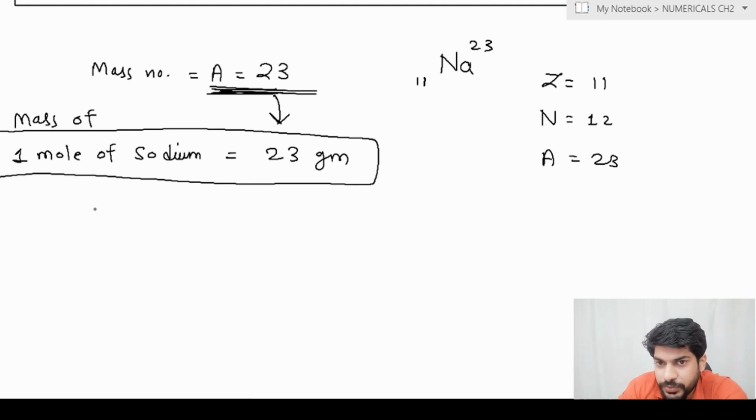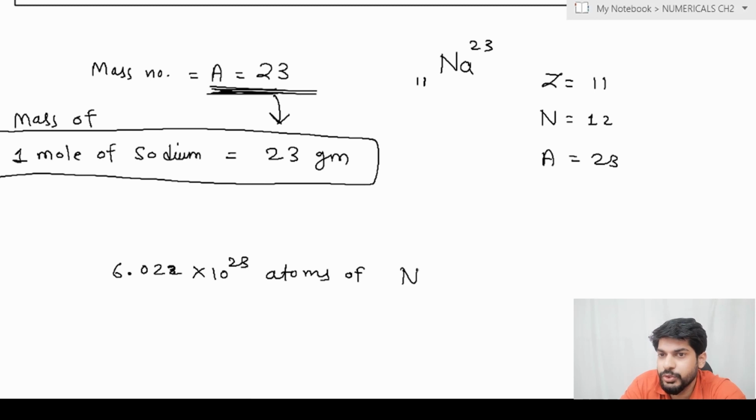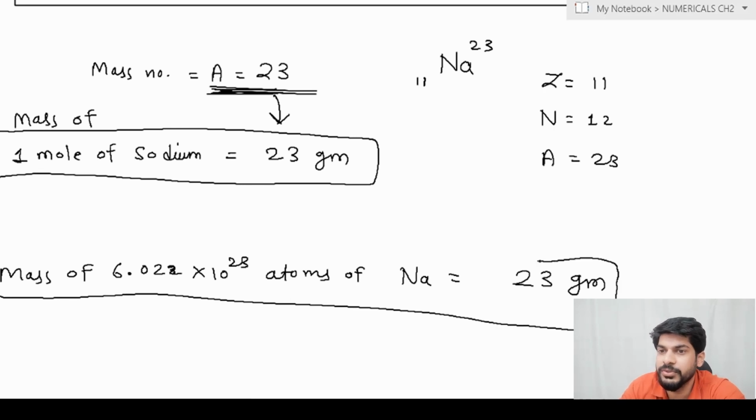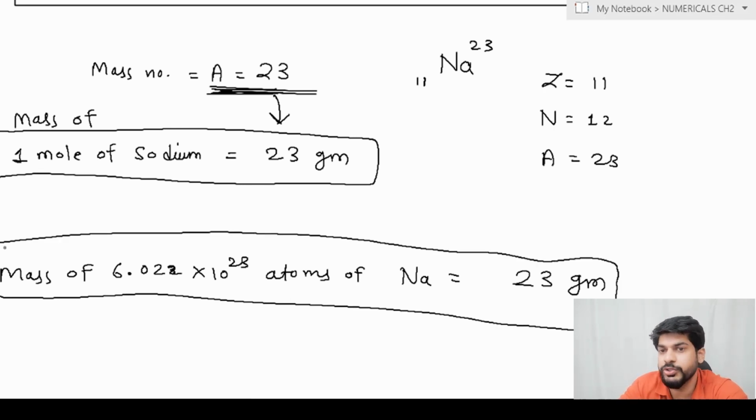Now 1 mole is nothing but 6.022 into 10 raised to 23 atoms of sodium. So the mass of this many atoms of sodium is equal to 23 grams. Let's keep it in a box.